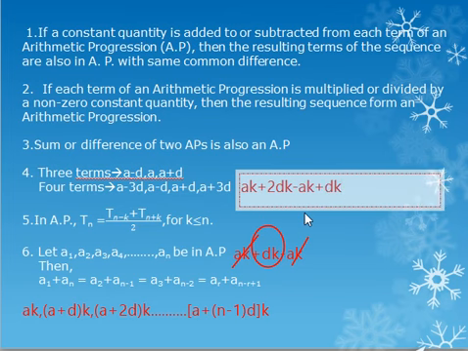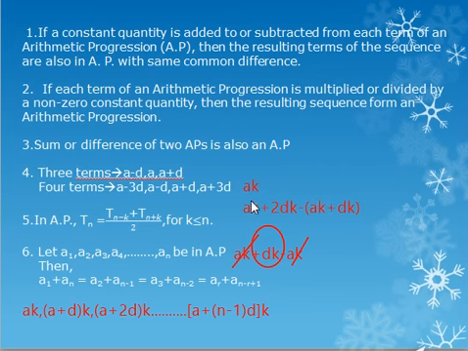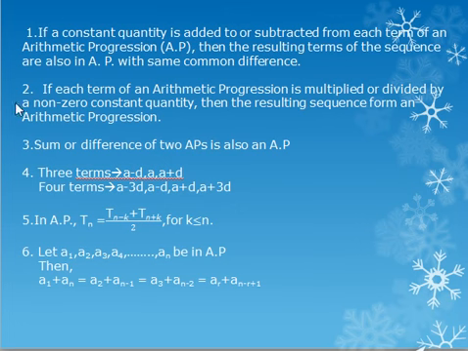Don't forget to keep the brackets. Multiplying by minus 1 inside the bracket, the positive ak and negative ak cancel, and this becomes minus dk. The 2dk and minus dk don't cancel fully, one dk goes, and we're left with the same dk, which is our common difference. That's with multiplication. If you want division, then k will just be its inverse, like 1 by k. So that's the second property.